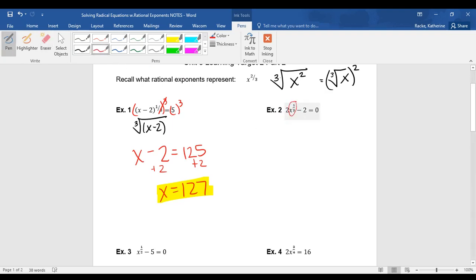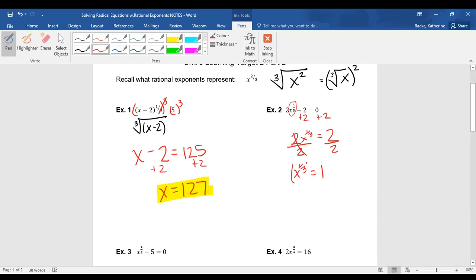So I need to move the 2 to the other side. I'm going to start by adding 2 to give me 2x to the 1/3 power equals 2, and then I'll divide by 2 and get x to the 1/3 power equals 1.